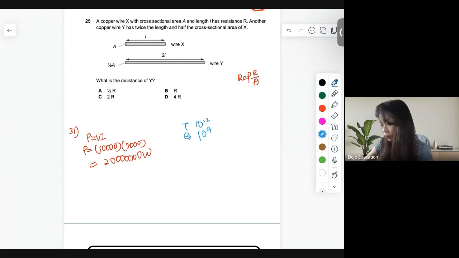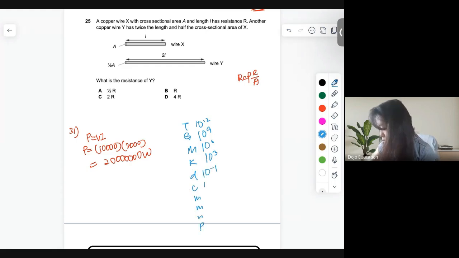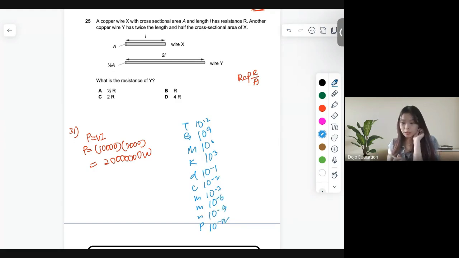Okay, you can copy down if you want to. This part should be in your textbook, but I'll just write it out to be clear.